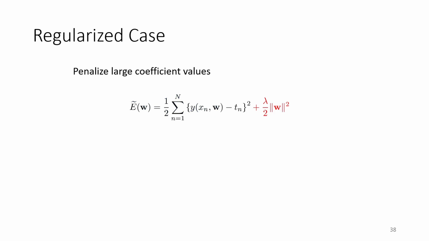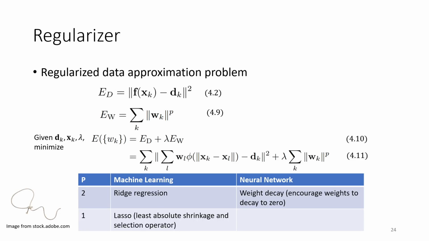In those previous slides, there is no regularization term. And here, if we add the regularization or penalty, the red region. So what is this? Let's go back to this slide. Here is the regularization, equation 4.9.